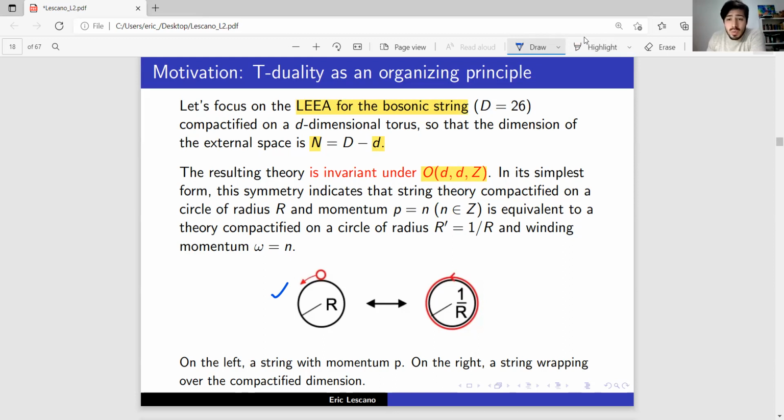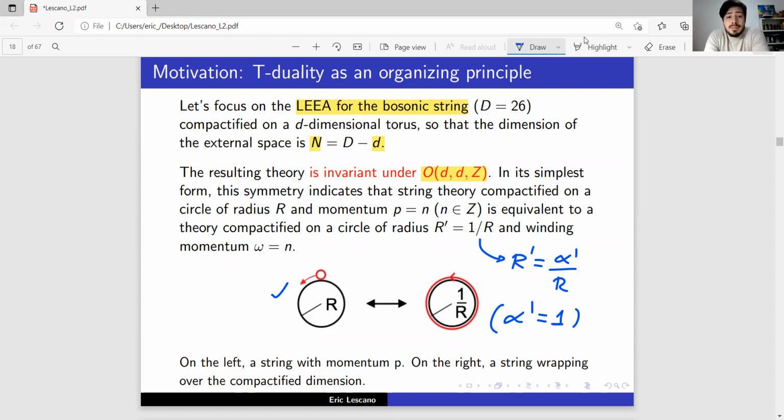This is completely equivalent to a theory compactified on a different circle. This equality over here, if we use alpha prime, should be alpha prime over r. And we always are using alpha prime equal to 1. And that's why we count derivatives in order to understand the order of each term.